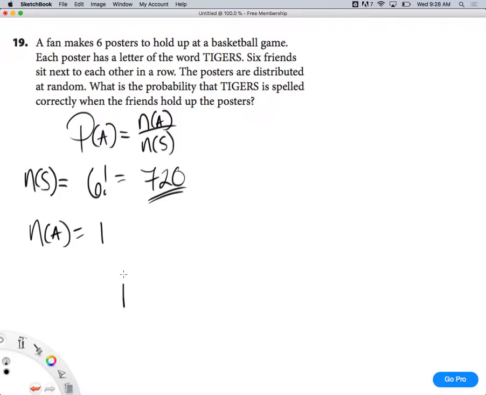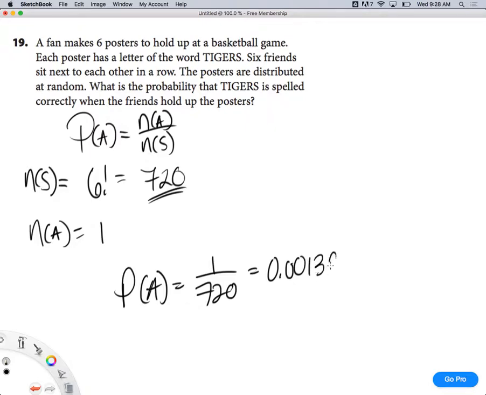So the probability of A is 1 over 720. Does that make sense? You can see how there's all these different types of problems. You've got to be able to understand them.